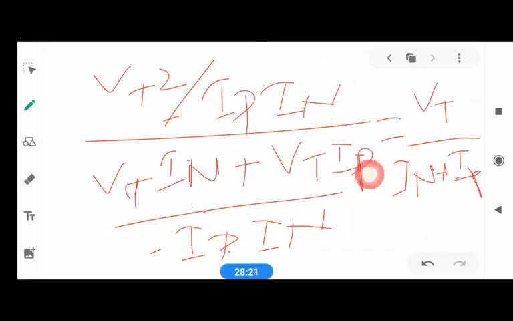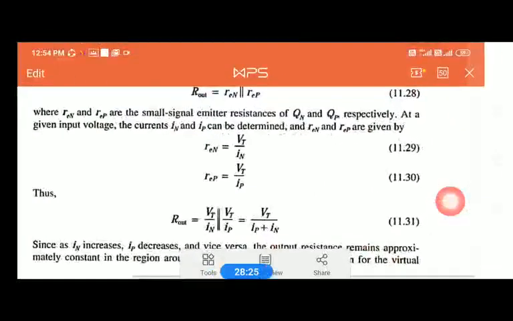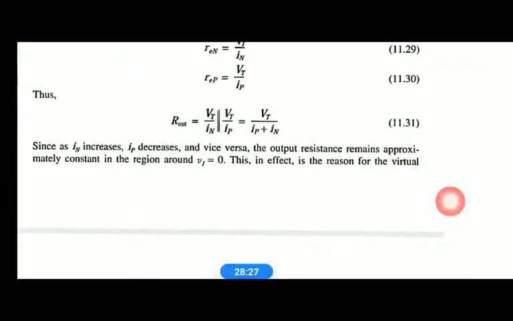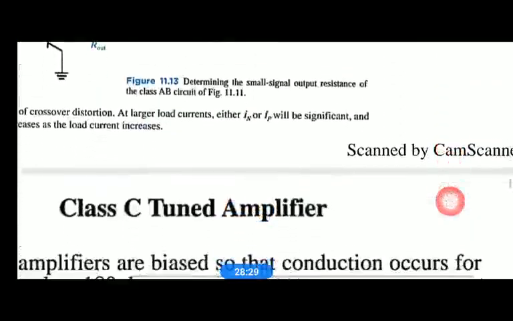So what remains is IN plus IP. Therefore we can say that Rout is VT divided by IP plus IN.